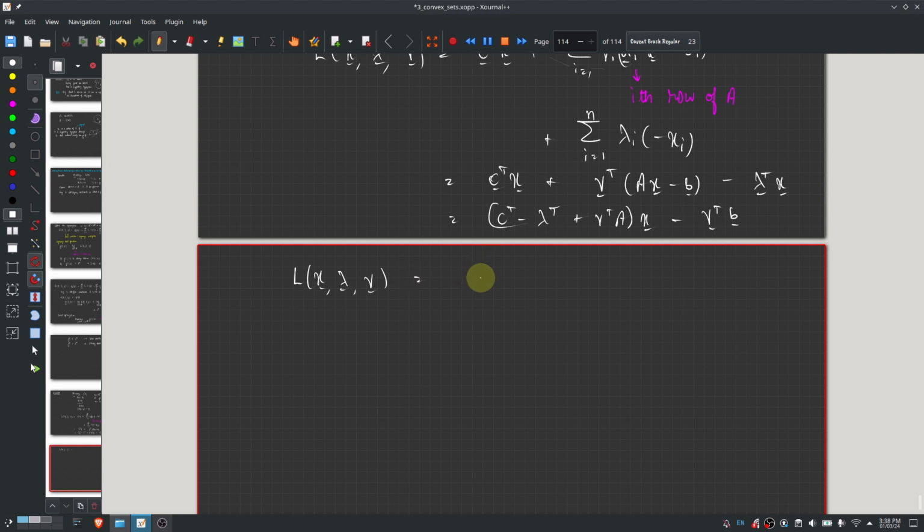So this is equal to, just rewriting this a little bit, (A transpose nu plus c minus lambda) whole transpose times x minus nu transpose b.